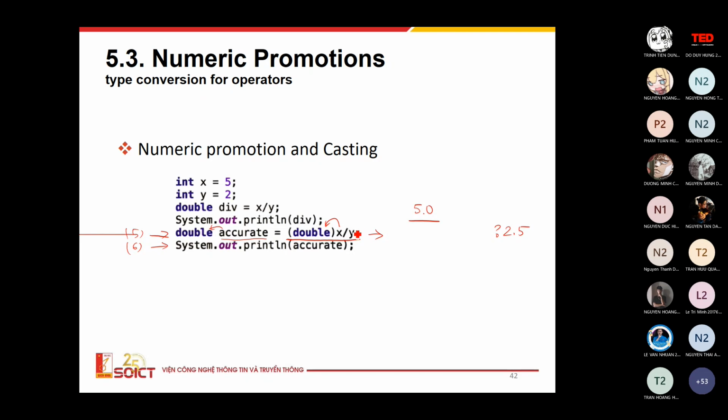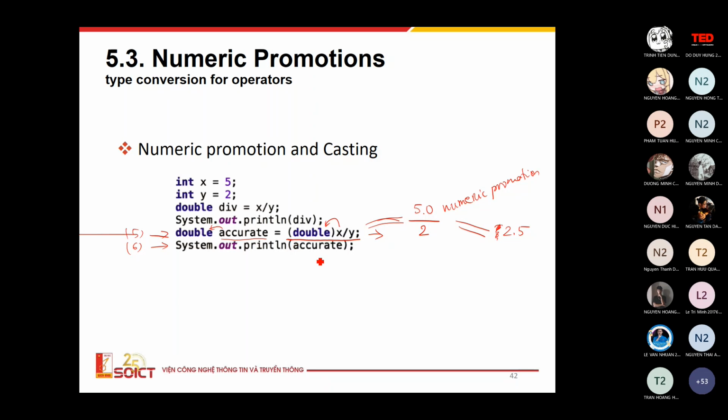And then you get y is 2. So the value will be written out like this. And so you apply the numeric promotion on this division, and you will get the result is 2.5. Okay. Yes, correctly. Thank you.